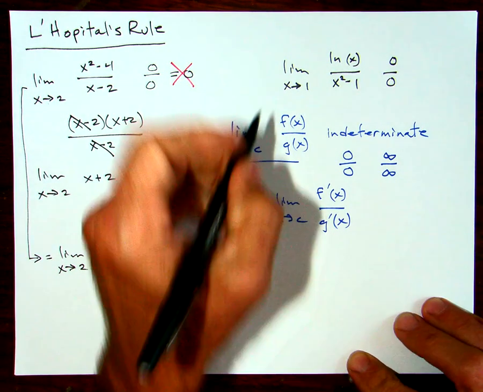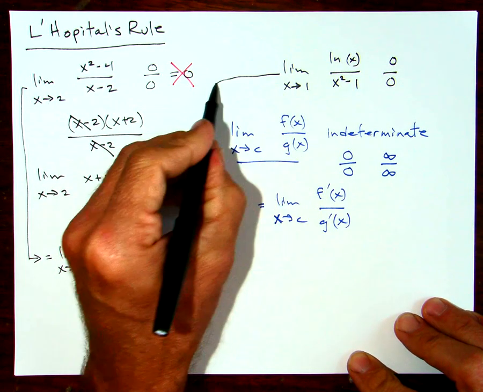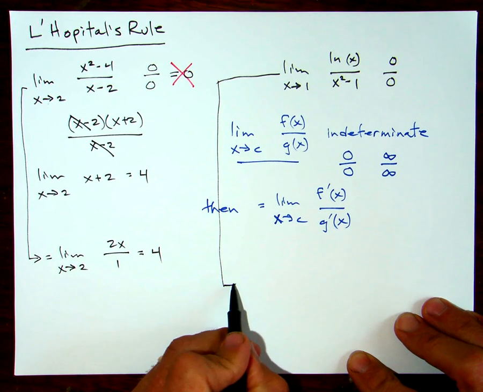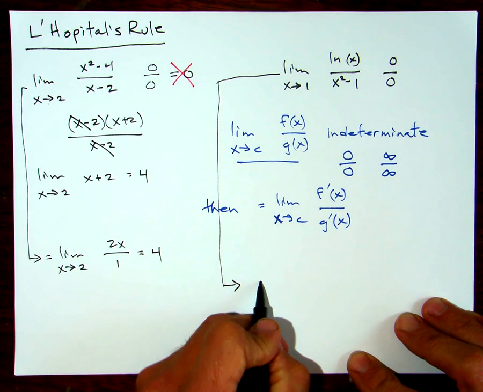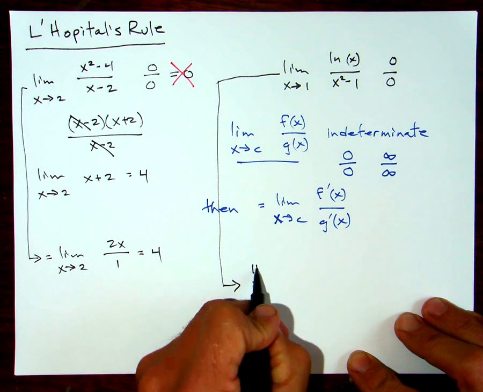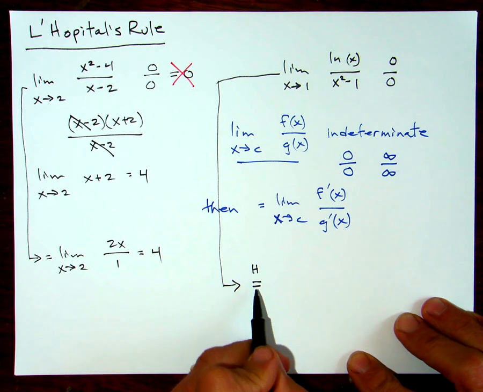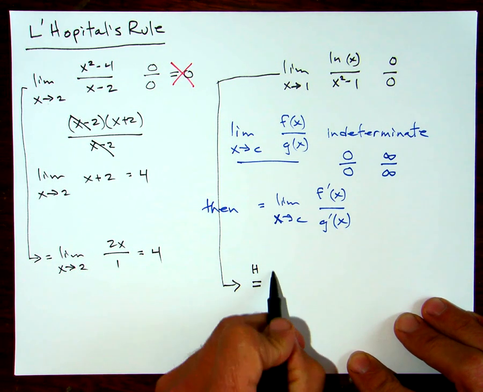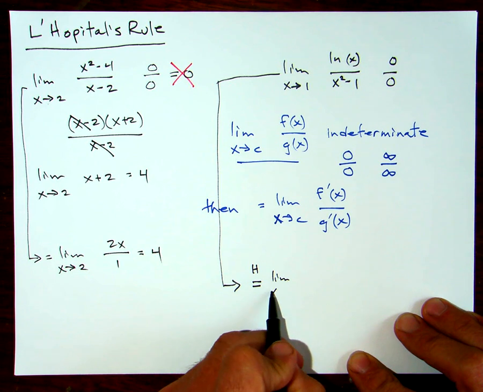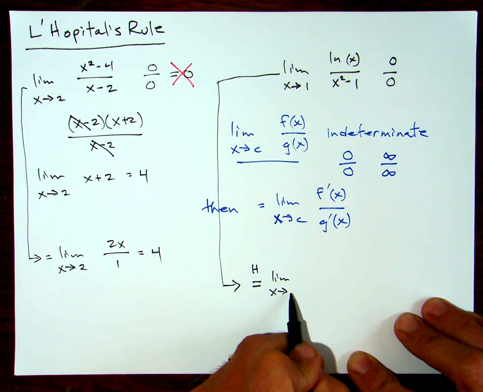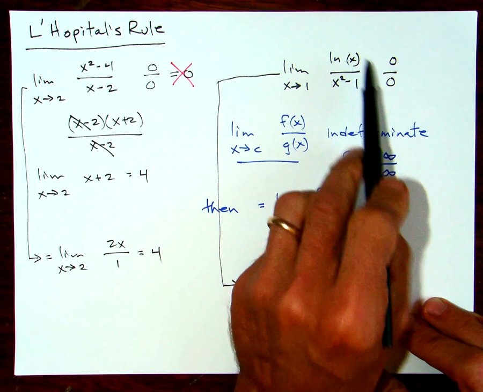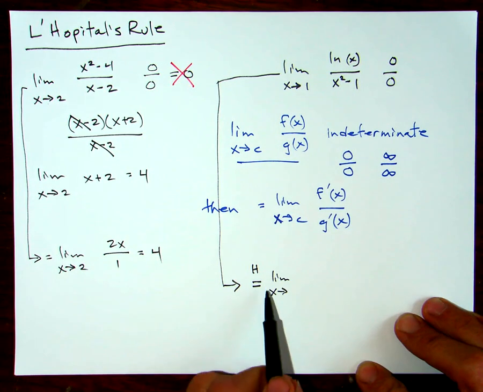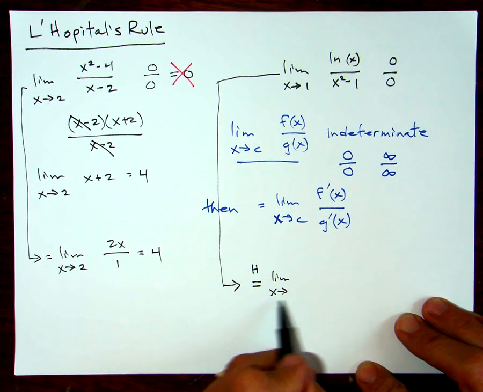All right, let's do this one now. I'm going to take this and bring it down here, and now I'm going to use L'Hopital's rule. This just means it's equal by L'Hopital's rule to the limit. It's not the limit of the same function, but the limit will be the same as this one.